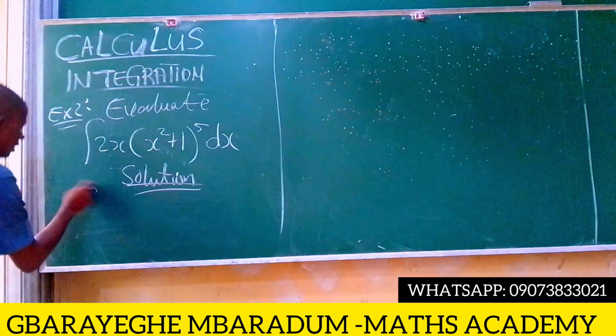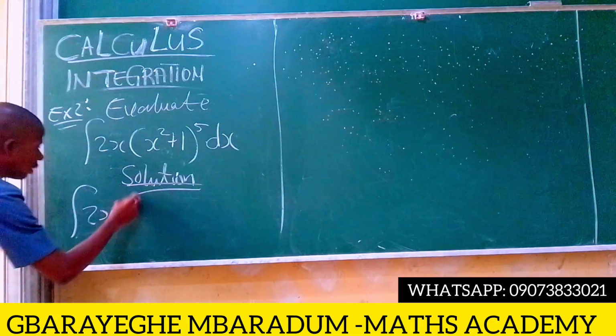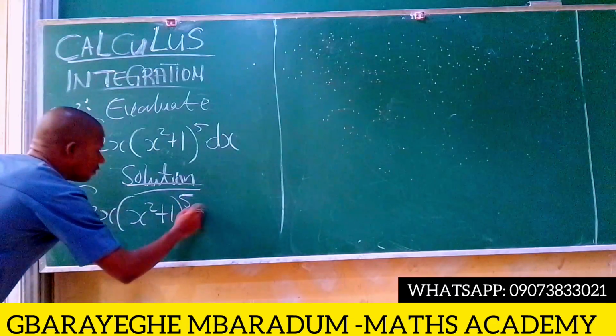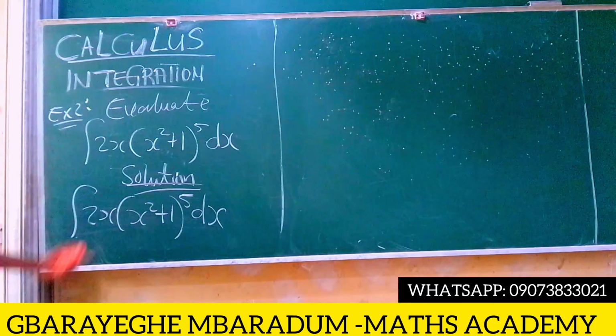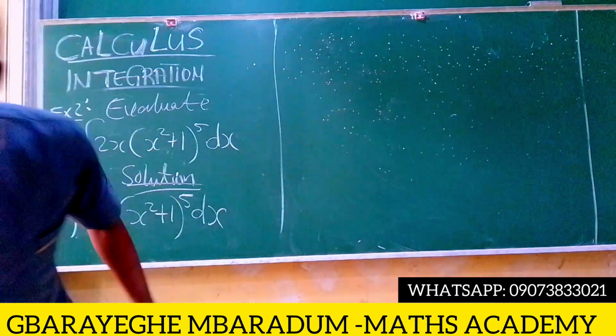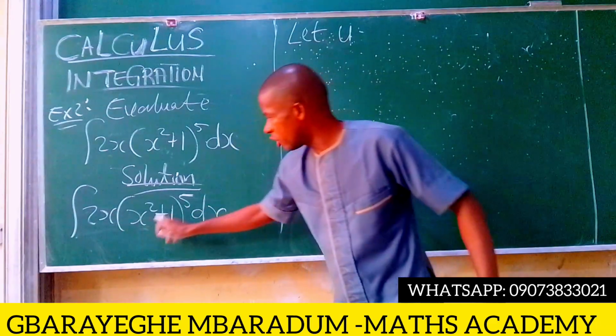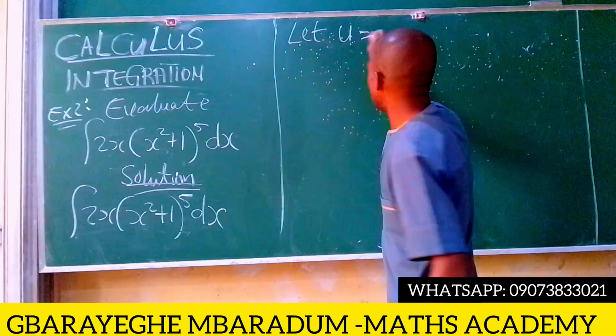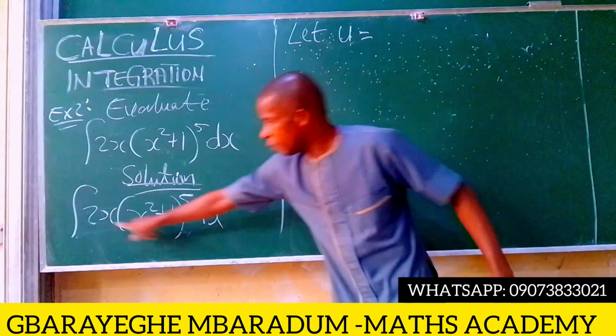We have the integral of 2x bracket x squared plus 1 to the power of 5 dx, right? From here, let me just assume the one that's inside the bracket, since this can give us this.